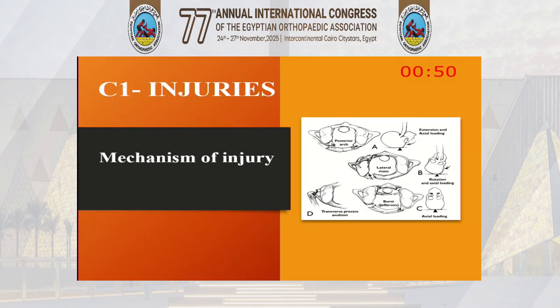Here is the mechanism of injury: falling down, the head hits the object or the ground, with wedging of the occipital condyles into C1, pushing the lateral masses outward and fracturing the anterior or posterior arch, or both, or the lateral masses, and maybe the transverse atlantal ligament.